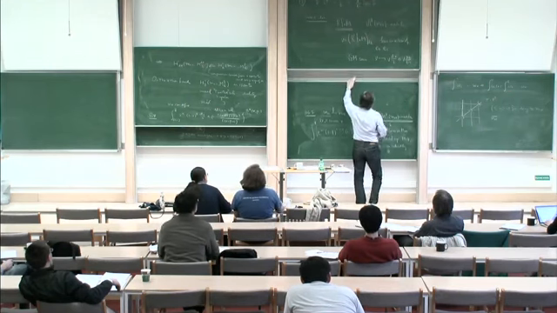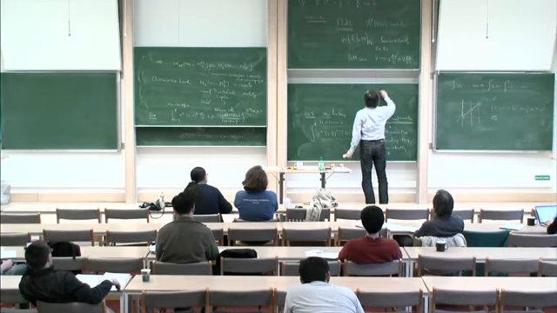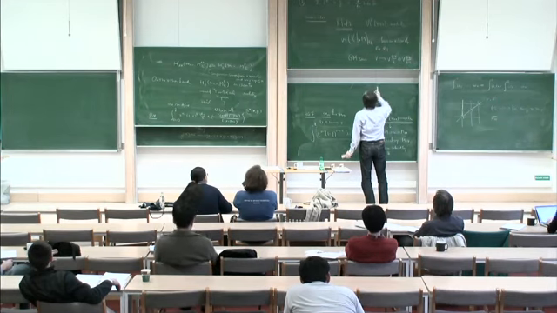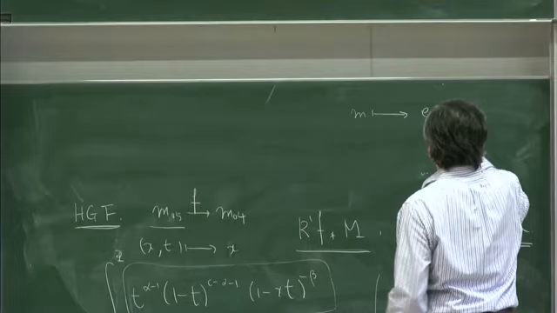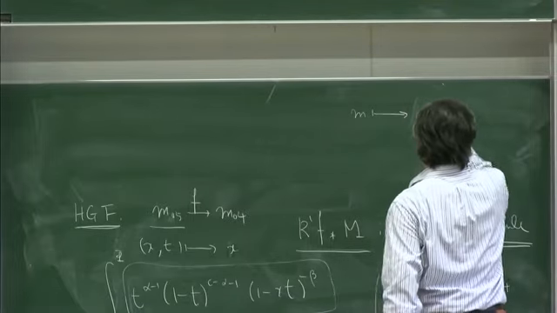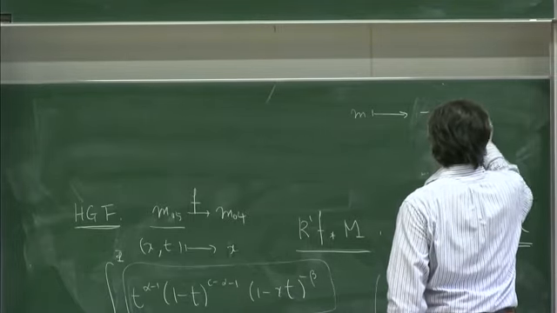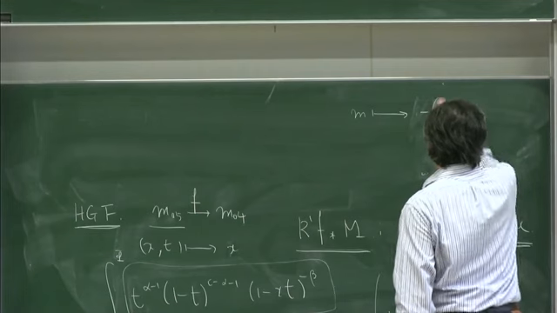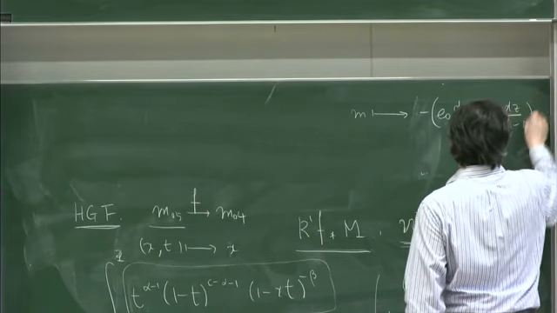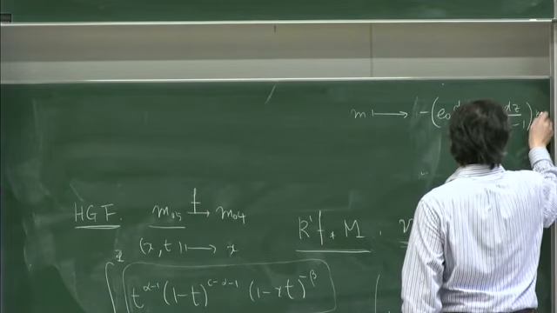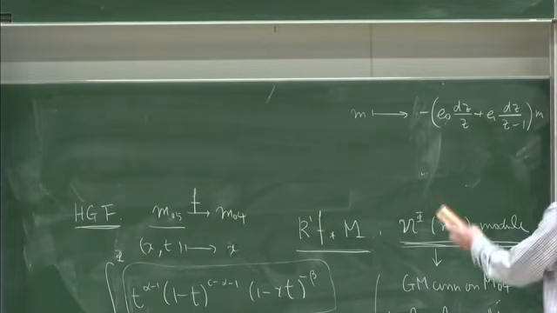Usually we use duality, so the dual action. So m goes to minus E0 over z plus E1 over z minus 1, times m. Then this is the Gauss-Manin connection.